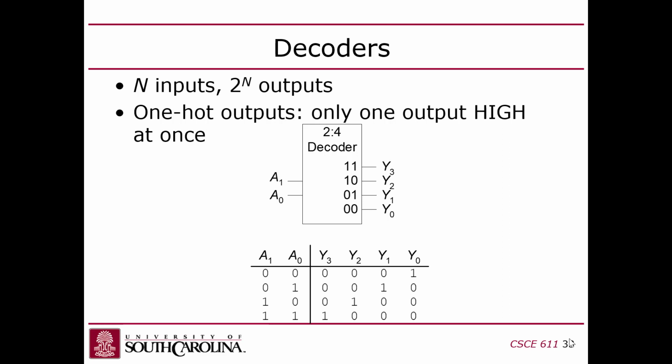So if I have A1 and A0 and I put 1, 0 in there, then the decoder looks at that as 2, right? So it'll take output 2 and assert that to 1. It'll make it true, and all the other outputs will be false.